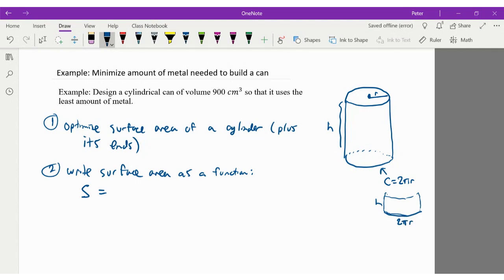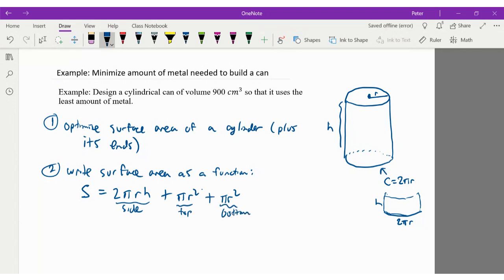So the surface area of the side of the cylinder is going to be 2 pi r h. And the top and bottom are just two circles, so pi r squared and also pi r squared. The h doesn't come into it because the height of the cylinder has nothing to do with how big the top and bottom are. They're just circles. So this is the top. This is the bottom.